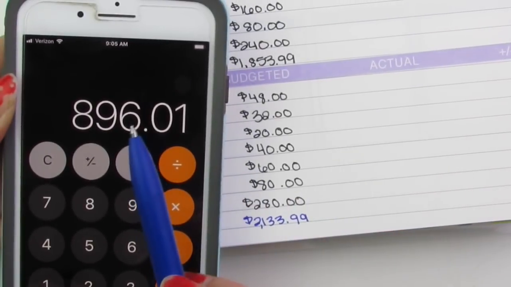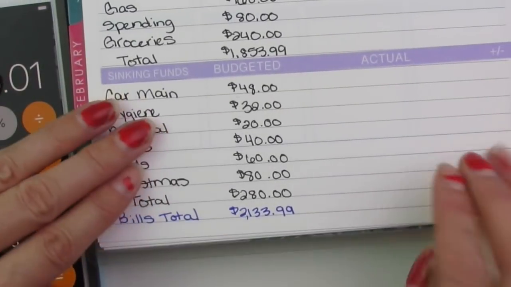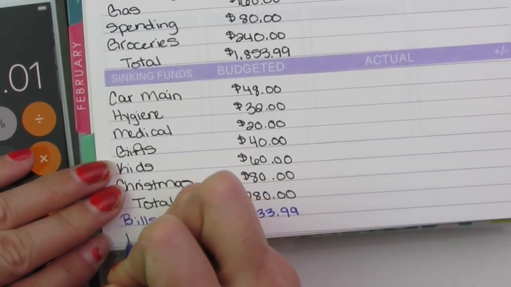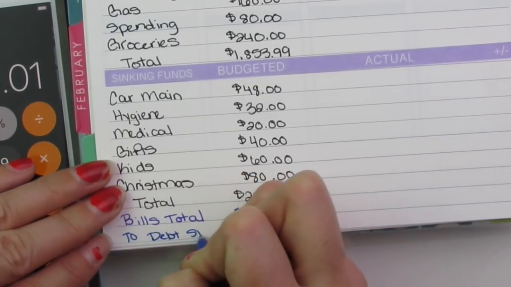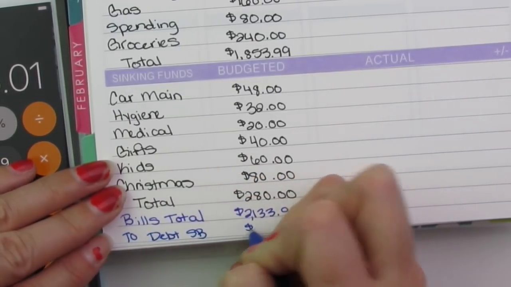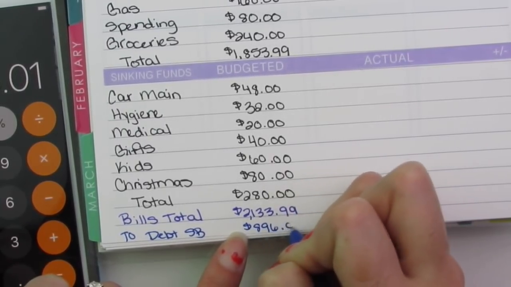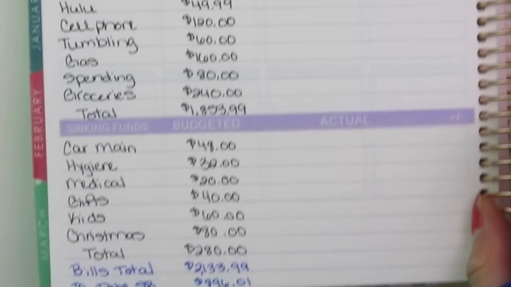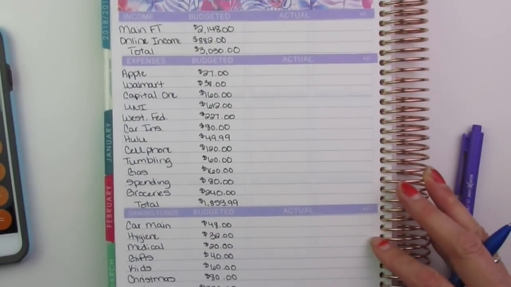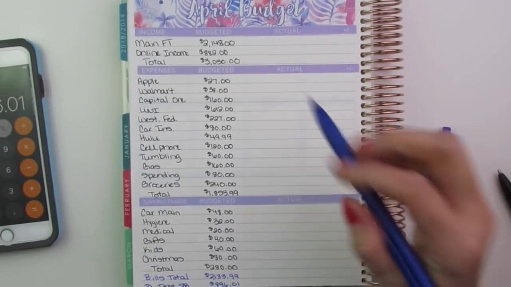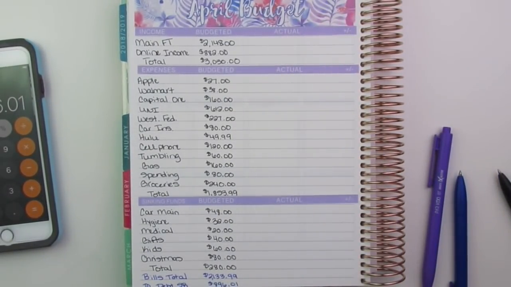So I should have $896.01 to go towards my debt snowball. So we'll just put debt snowball, which we are budgeting will be $896.01. Again, that number can greatly change depending on how my online income situation goes.